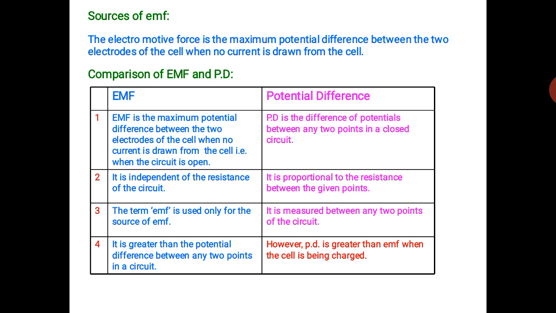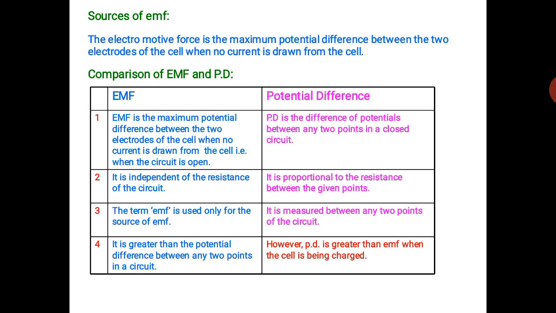Next, one more difference. EMF is greater than the potential difference between any 2 points in a circuit. And here potential difference is greater than EMF when the cell is being charged.